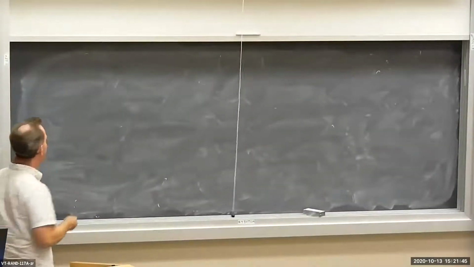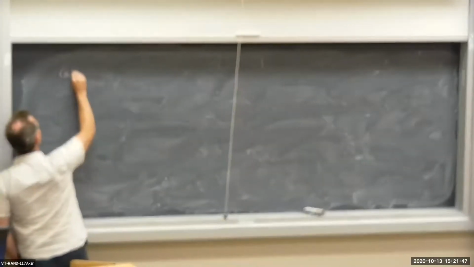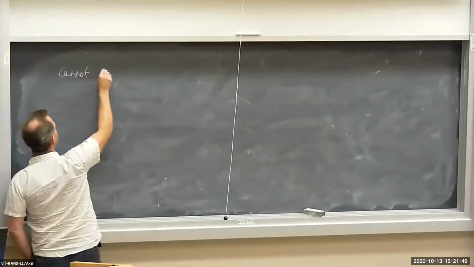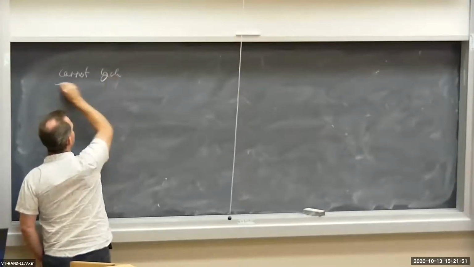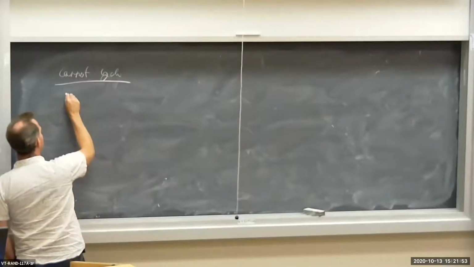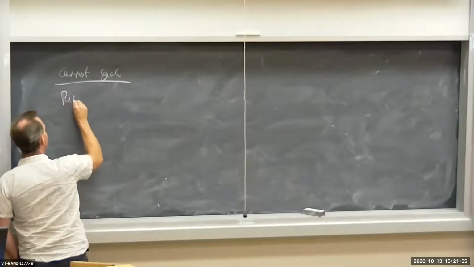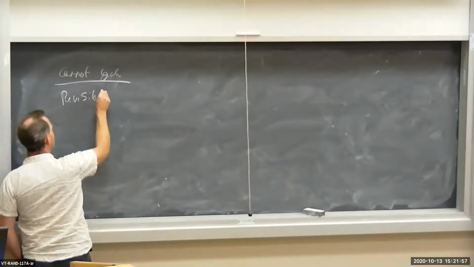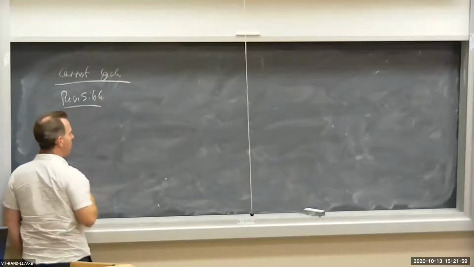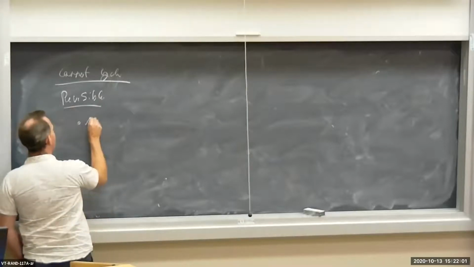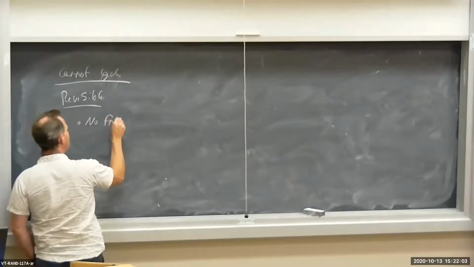So Carnot cycle. It's reversible. And what does that mean? That means no friction.